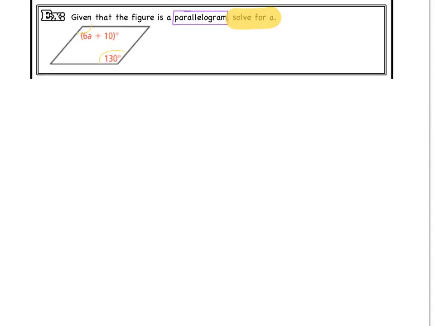So what equation can I write? Well, if they're congruent, then I can set up that they're equal. So I have 6a plus 10 equals 130, so I'm going to go ahead and solve that out. When I solved it, I got a equals 20, and the task is to solve for a. So did I solve my task? Yes, I did. I found that a is 20.